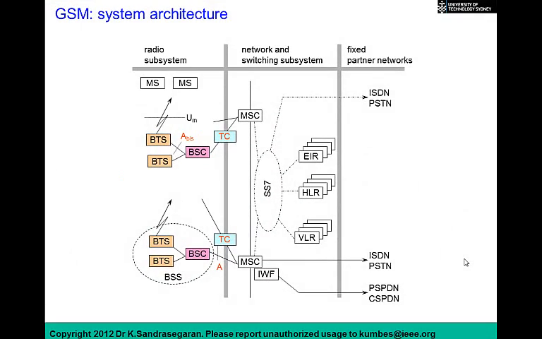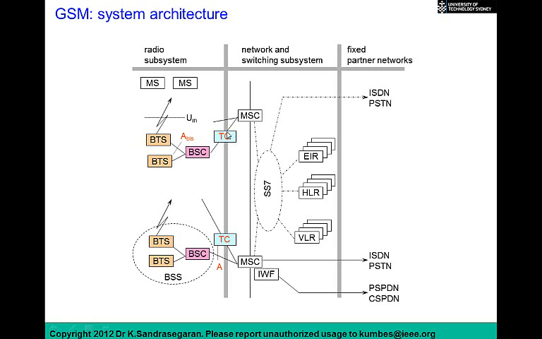Let's look at the radio subsystem. We have the BTS, or the base station, which communicates with the mobile station through the air interface, referred to as the Um interface. The base station is also connected to the BSC across the Abis interface, and the BSC is connected to the transcoder.